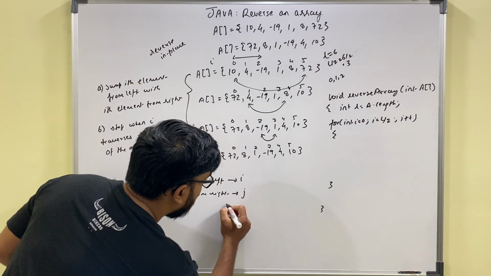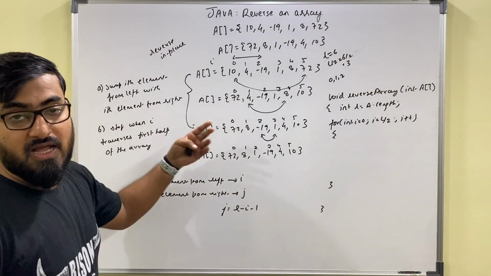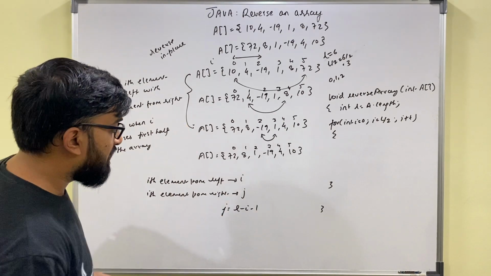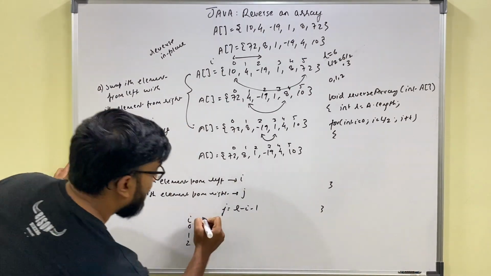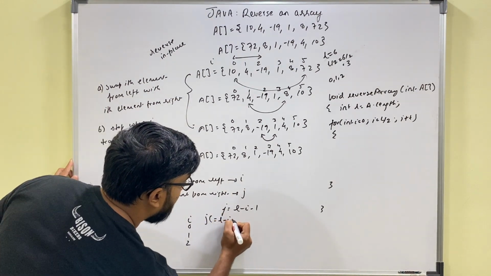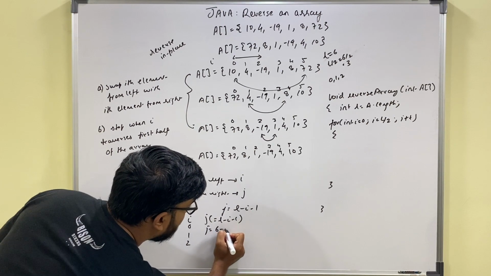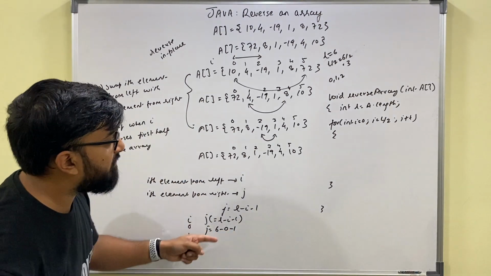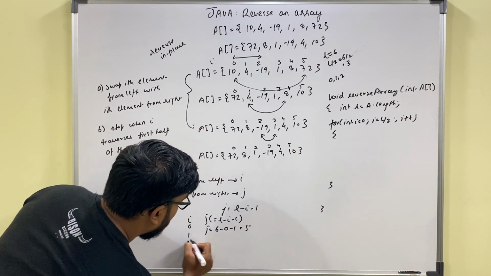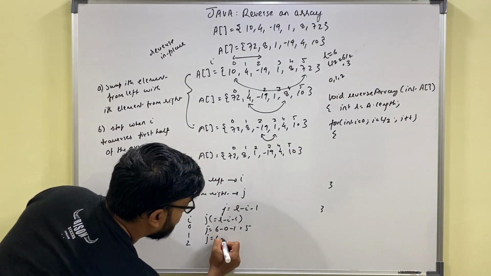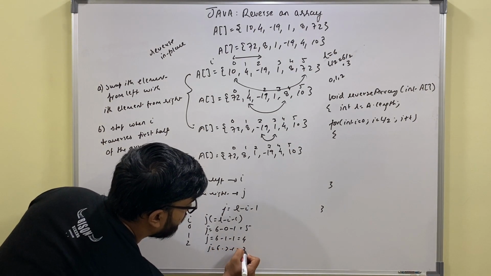I am going to say j is equal to L minus i minus 1, just as it was in the previous case. For i equal to 0, I get j equal to 6 minus 0 minus 1, where L is the length of the array, which is 6, so j is 5. For i equal to 1, I get j equal to 6 minus 1 minus 1, which is 4. For i equal to 2, I get 6 minus 2 minus 1, which is equal to 3.